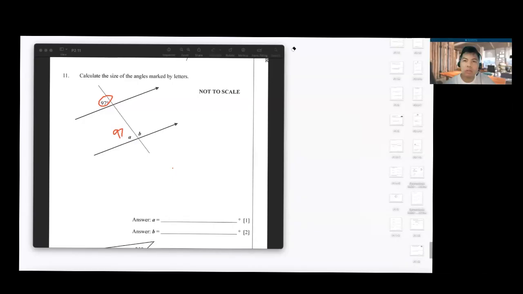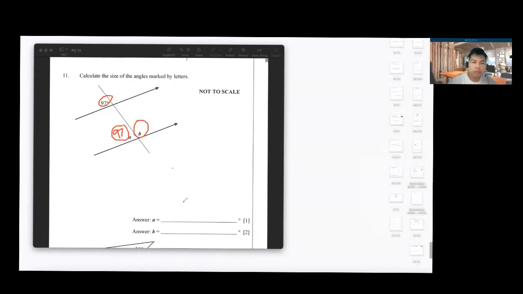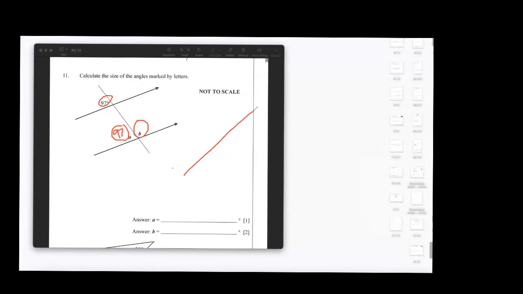How about 97 and B? What do you think? What's the relationship of this side with this side, that angle to that angle? Isn't it exterior? Have you seen this? This is a supplementary angle, right?